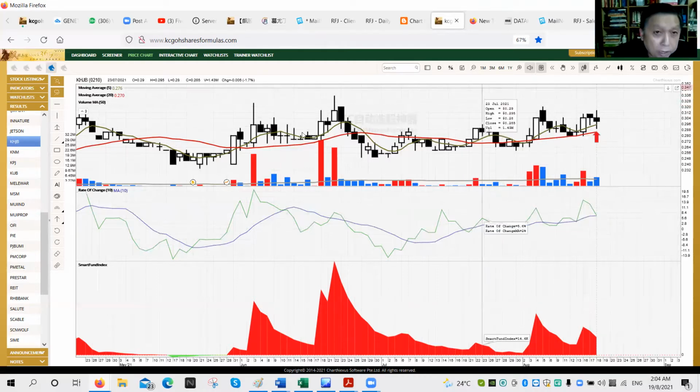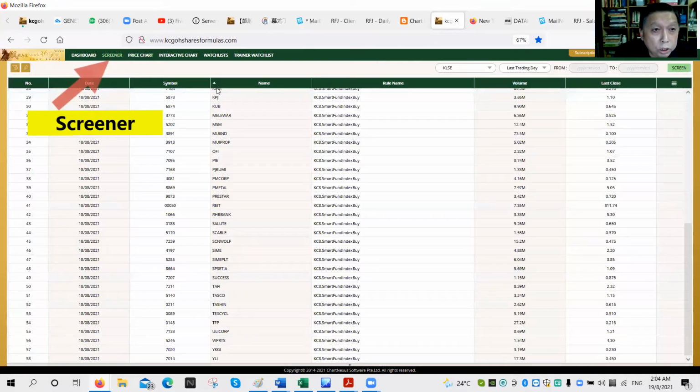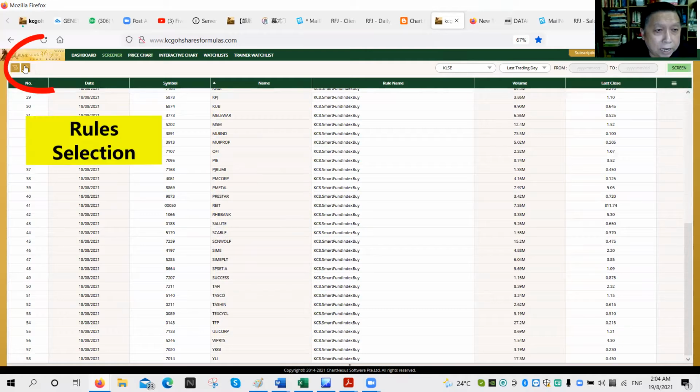And then you click the screener to go into the rule selections. You click on the left hand side button.